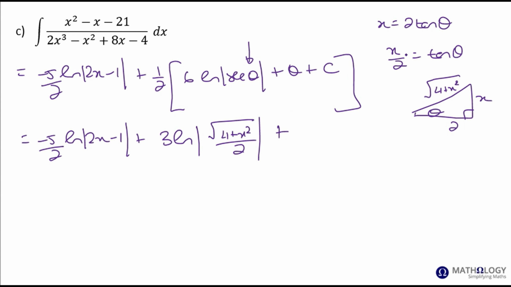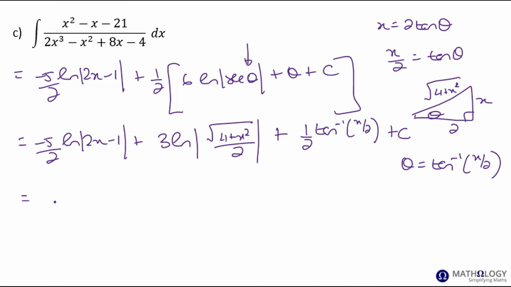Theta, we're going to take the inverse of this function here. So theta will be tan to the minus 1 of x over 2. And that'll be a half. We're bringing the half into the bracket as well. So it's half theta. So it's half tan to the minus 1 of x over 2. And then half times the arbitrary constant c is another arbitrary constant c.